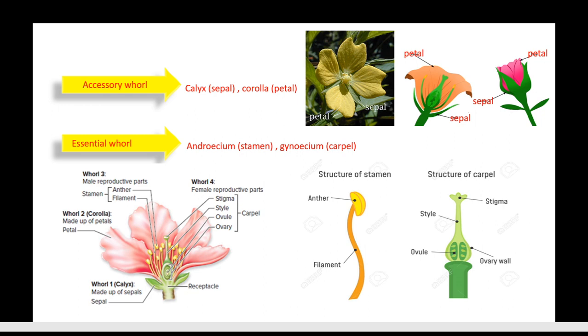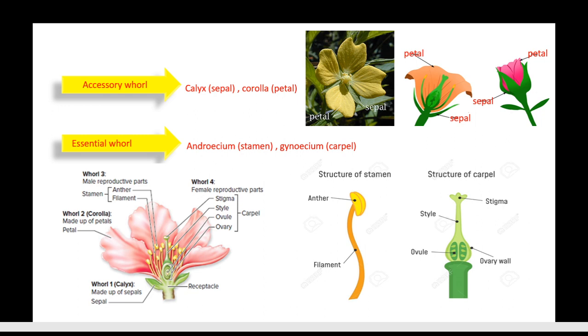Understand? In some plants, although two whorls are present, they are not differentiated from one another. In such a case, both whorls are called perianth. Means, if sepals are green, it is true sepal, and if it is colored, it is petaloid.